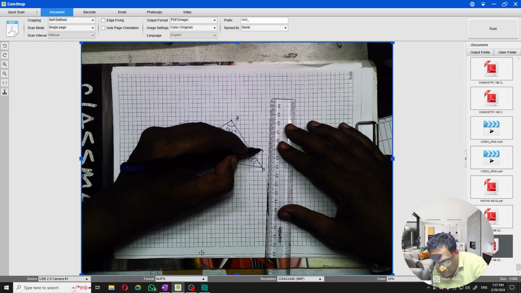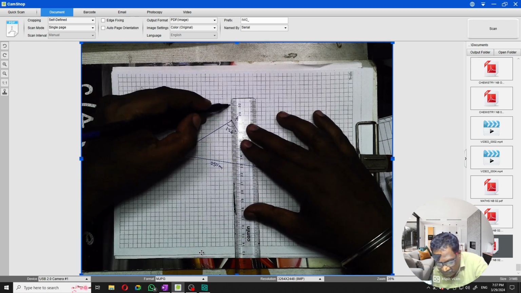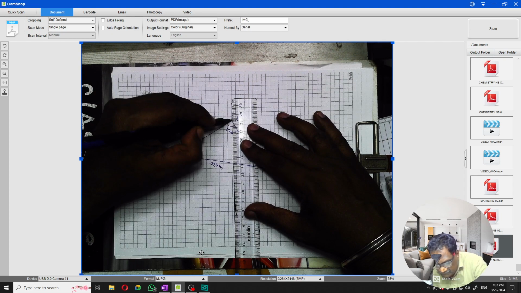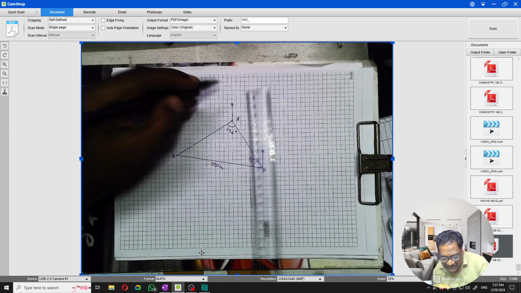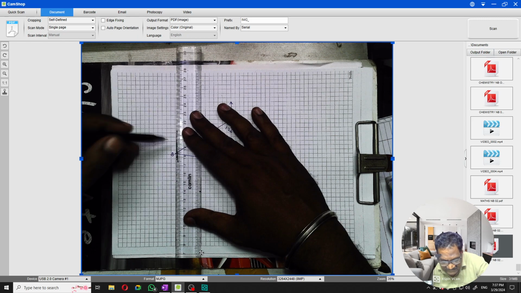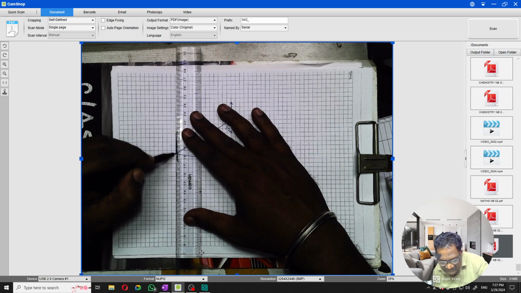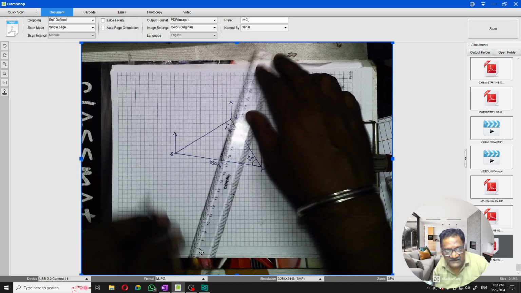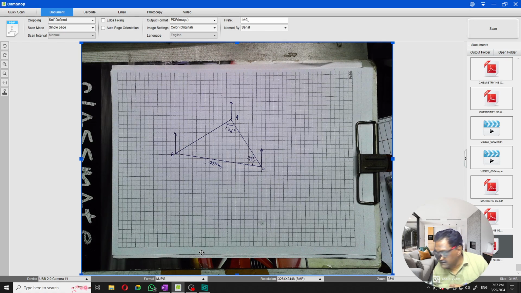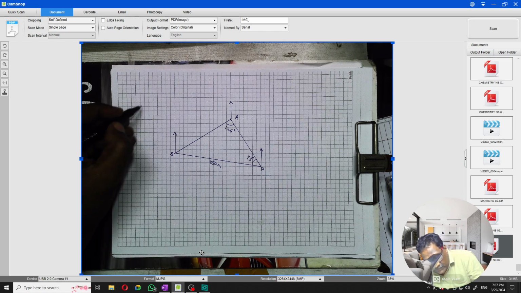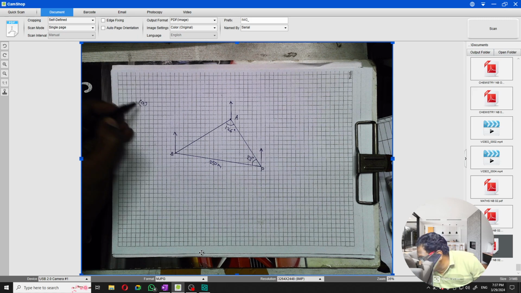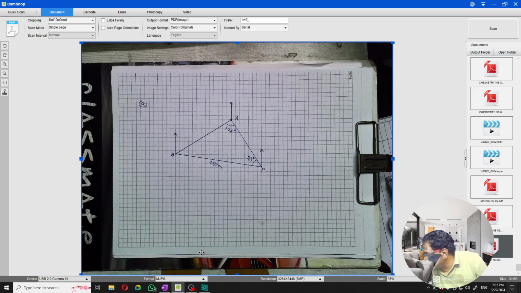This is the north direction over here, and there's a north direction over here for reference to calculate the bearing, and there's a north direction over here as well. So this is the question, and now let us first find the answer for question A: calculate the length of the road AB.